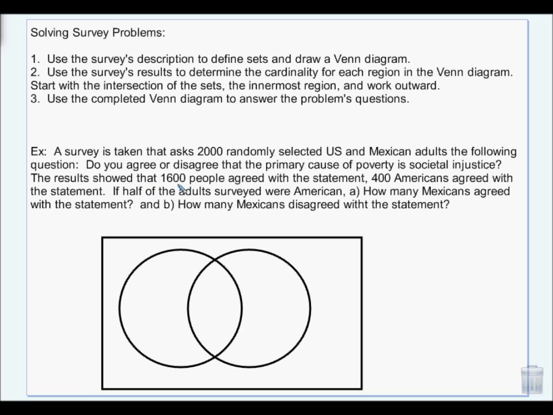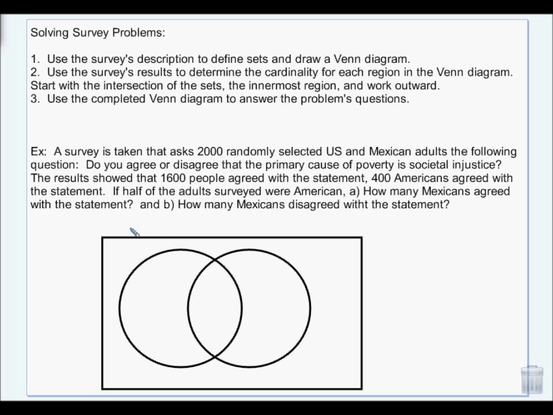Okay, so 1,600 people agree with the statement. 400 Americans are agreeing with the statement. All right, so they're not telling us anything about the Mexican population. They're just telling us about the American population specifically here, or that 1,600 total people.